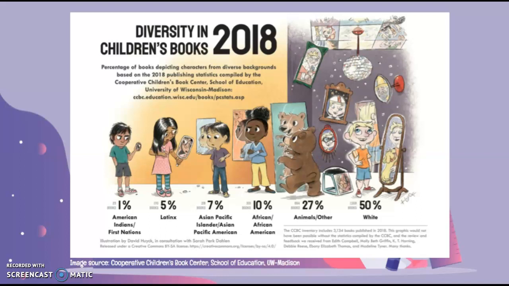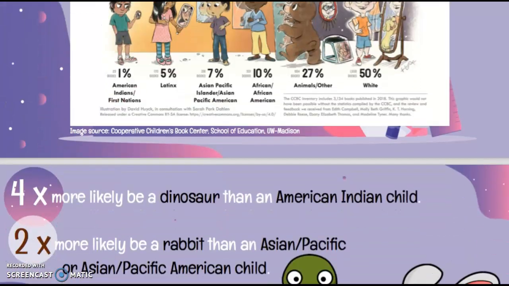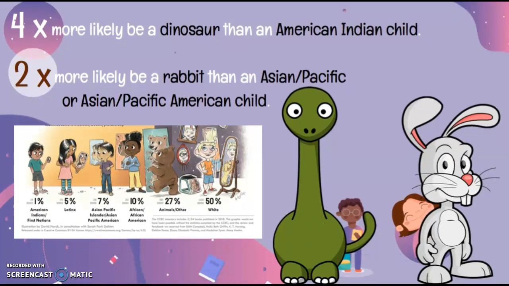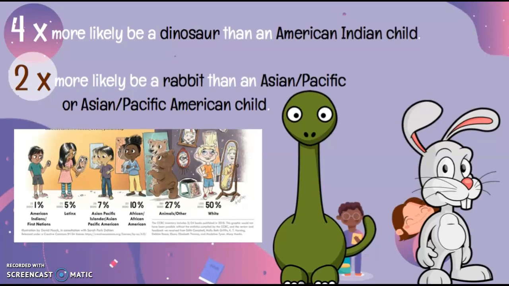According to the graphic, only 23% of picture books published show any diverse characters at all. What does this mean? A character in a picture book is 4 times more likely to be a dinosaur than an American Indian child, and twice as likely to be a rabbit than an Asian Pacific American child.